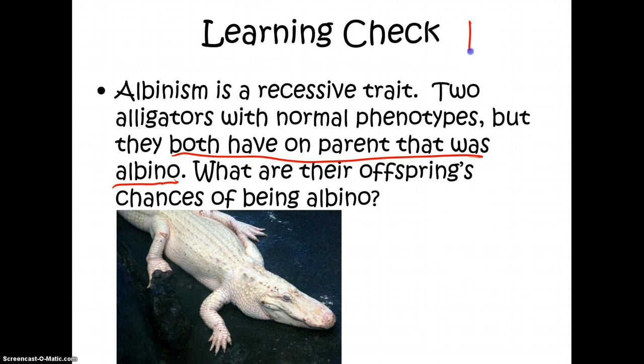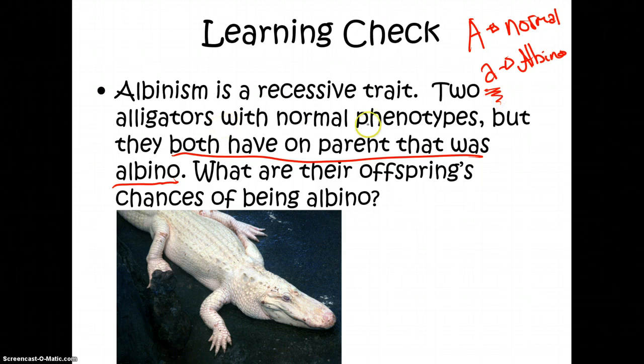Let's do big A as normal, or green, and little a as our recessive trait for albino. Because we know both parents' parents were albino, we know that they had to have two little a's.